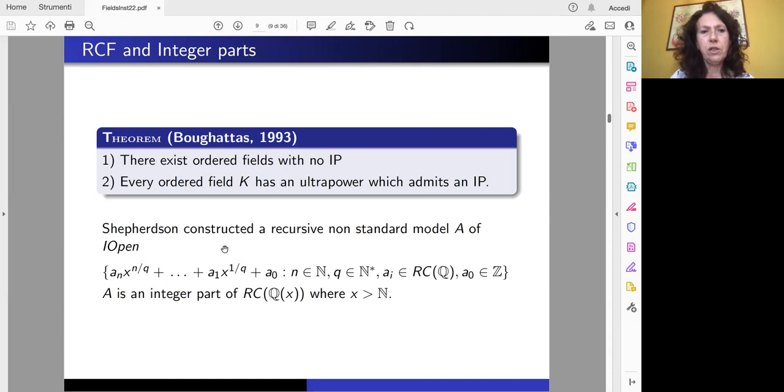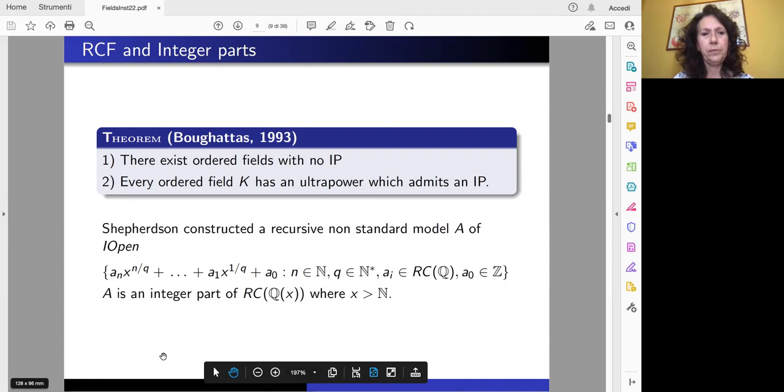Shepherdson constructed a recursive non-standard model A of open induction. All non-standard models of Peano arithmetic are not recursive, which means that the operations are not recursive, and this goes down to the various fragments that I mentioned at the beginning. But Shepherdson constructed a non-standard model of open induction where the operations are recursive. This is based on a construction with Puiseux series.